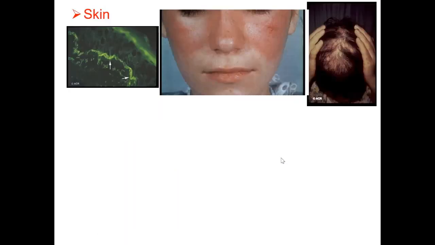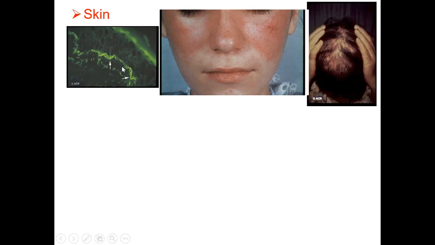You can see here SLE patients with some manifestations, features of the disease: butterfly rash on the patient's face, hair loss, and deposition of immune complexes in the skin.